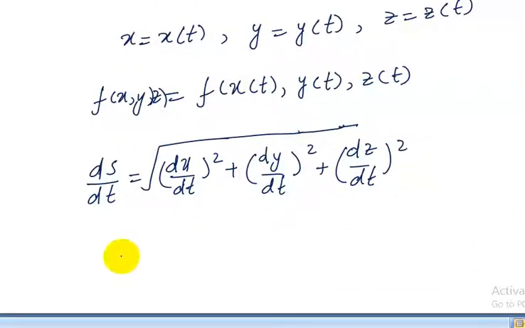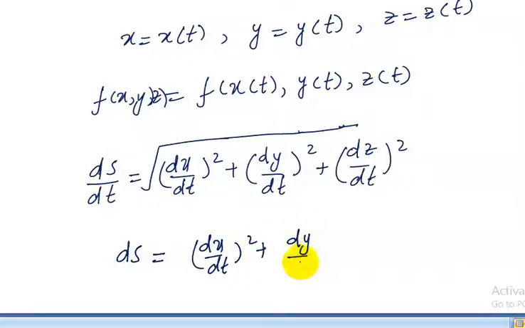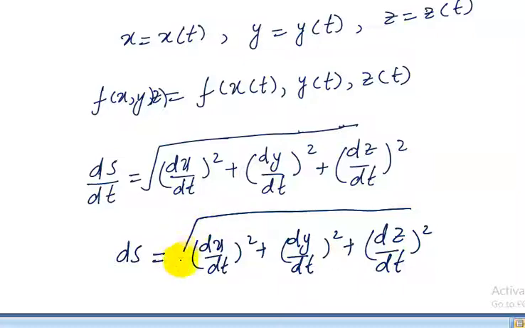Now this relation can be written as ds is equal to the square root of dx upon dt whole square plus dy upon dt whole square plus dz upon dt whole square, dt.